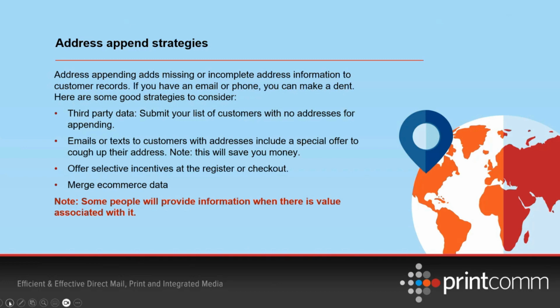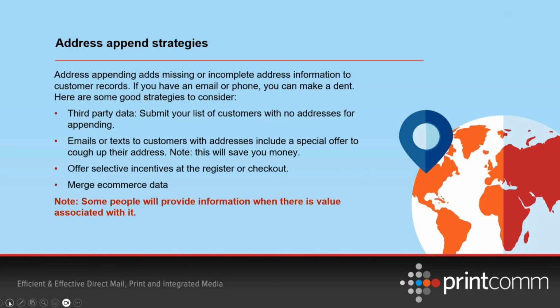Get your store ops IT team to offer them at the register also. The person gives their customer number, scans their card, whatever it is, and you don't have an address, an offer pops up at the register: hey, if you give me your address right now, I'll key it in. Here's a coupon for $10 or whatever it is.